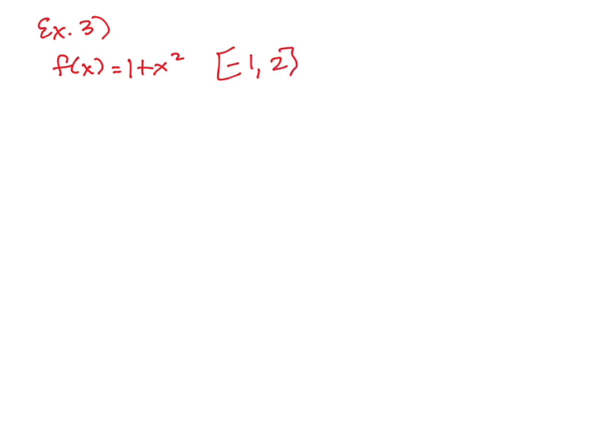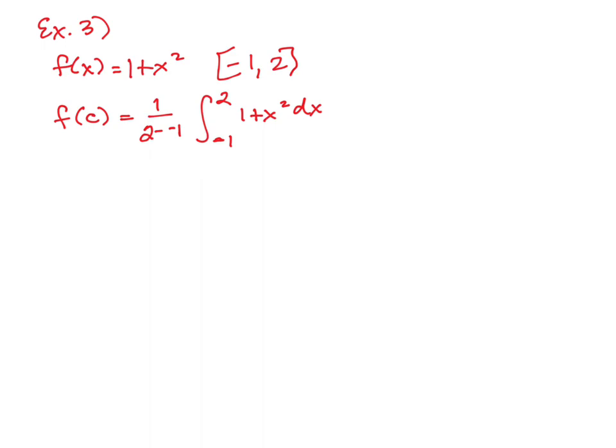And the mean value theorem for integrals says there's a number c such that f of c is equal to 1 over b minus a, in this case 2 minus -1, times the integral from -1 to 2 of 1 plus x squared dx. There's some value c. And what do they want us to do? Find it.